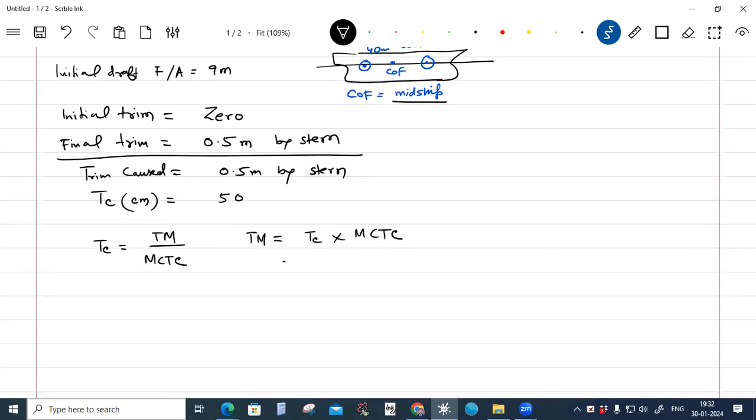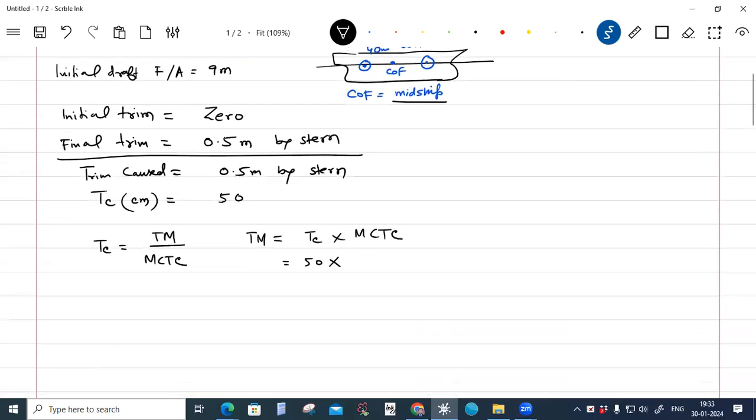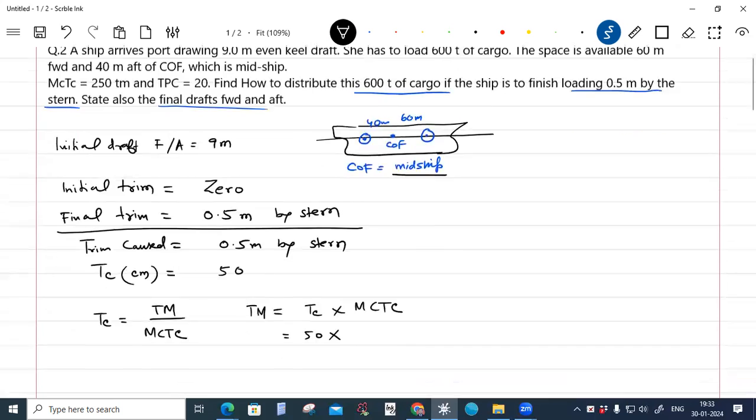So trim caused is 50, and how much is the MCTC? 250. 250 ton.